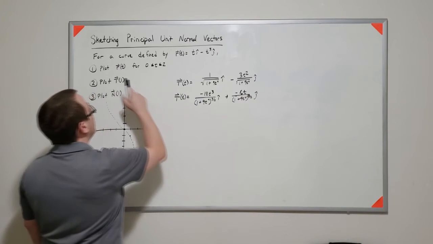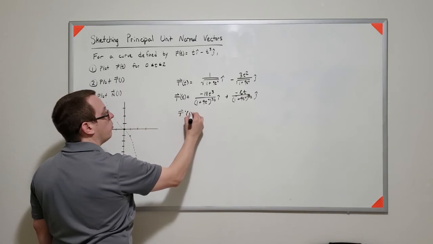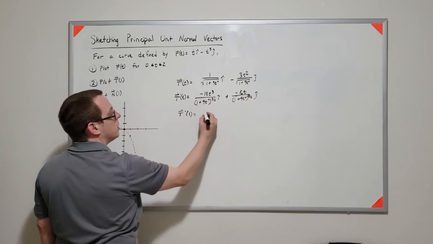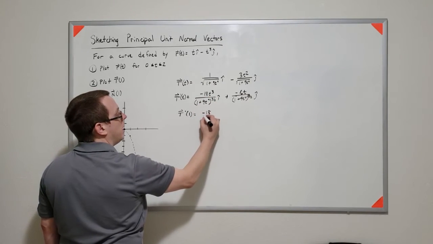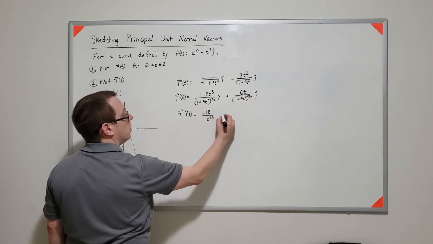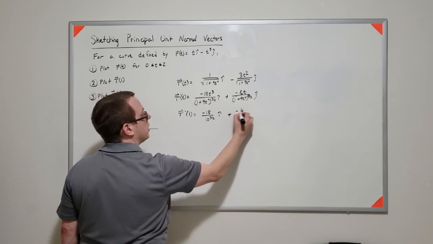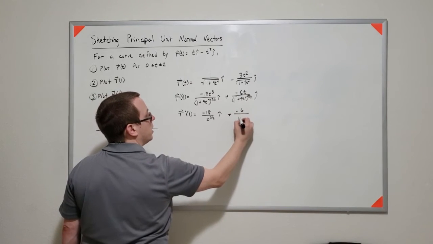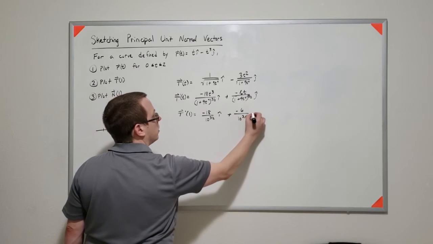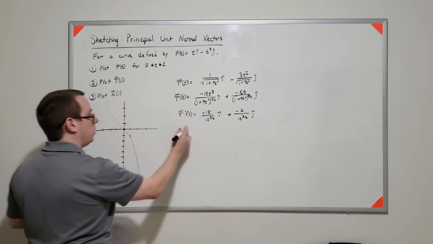So then for N of 1, we just need T prime of 1, which is negative 18 over 10 to the 3 halves i plus negative 6 over 10 to the 3 halves j. And then we would get its magnitude.